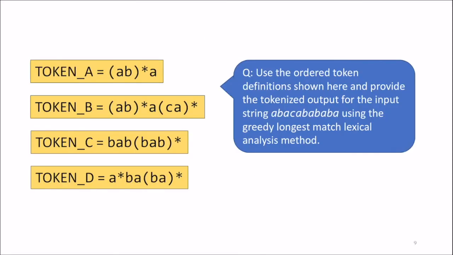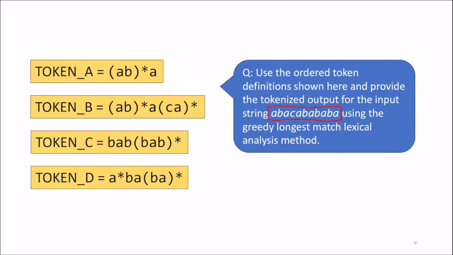As an exercise for you, take a look at these token definitions. There's token A, B, C, and D, and I've provided a sample input here. Your job is to apply this lexical analysis algorithm. First, create the finite state machines for each of these, and then return the sequence of tokens.